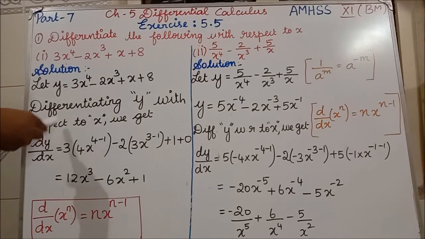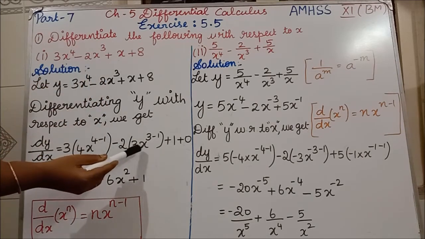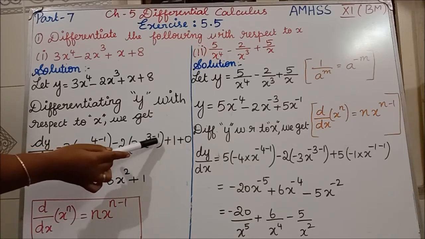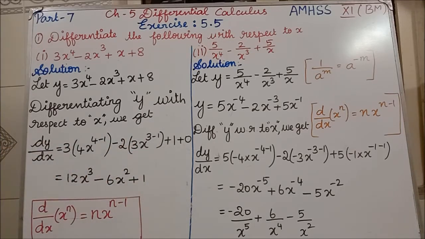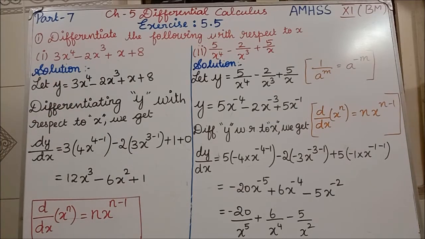x power cube: how will we write? According to the formula, x power n means the n will come in front, so 3 will come in front: 3 x power n minus 1, where n is 3, so 3 minus 1. Clear? Now we are differentiating the x. Here nothing is written, so you have to consider the power as 1.